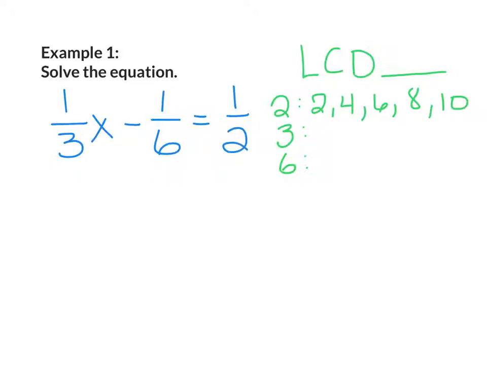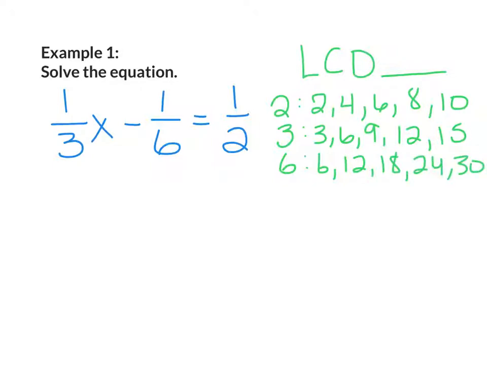Now my multiples for 3 are 3, 6, 9, 12, and 15. My multiples for 6 are 6, 12, 18, 24, and 30. Now I notice that the lowest number they have in common is 6. So that is my LCD, because it's the smallest number they have in common.